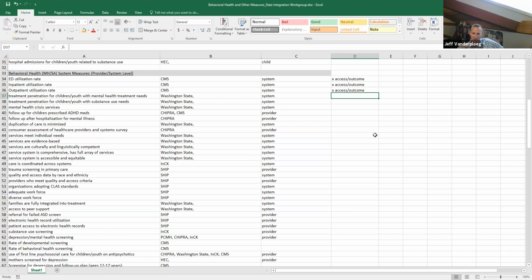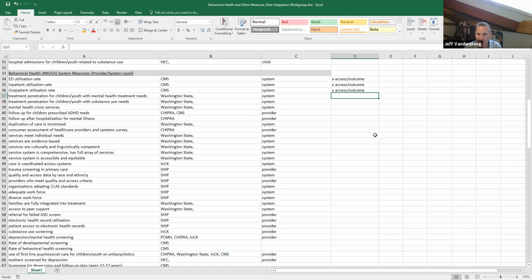So it gets back to what we were talking about before. If you can determine the actual population or number of children who are in need of services, and you had information on how many of them actually accessed services, that would give you a treatment penetration rate. And again, that's just me speculating or hoping that that's what this means.